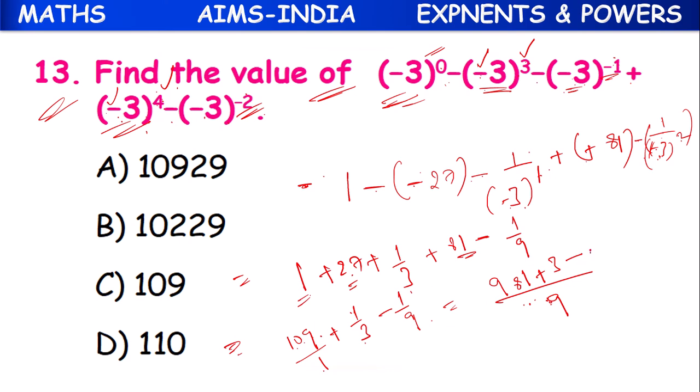So 981 plus 3 is 984, minus 1 means 983 by 9. But there is no such answer in the options.